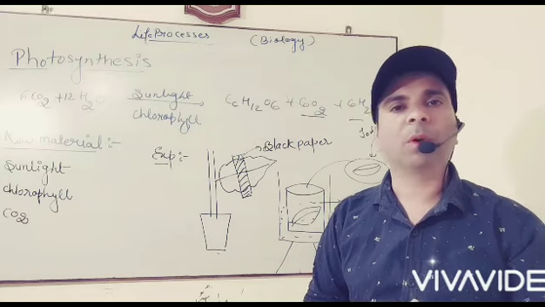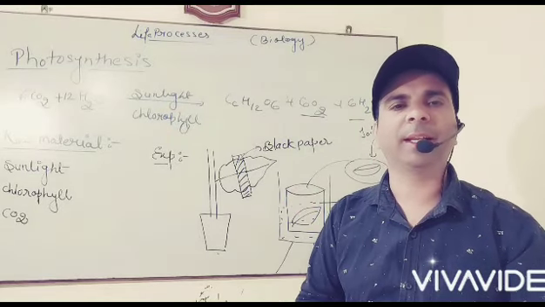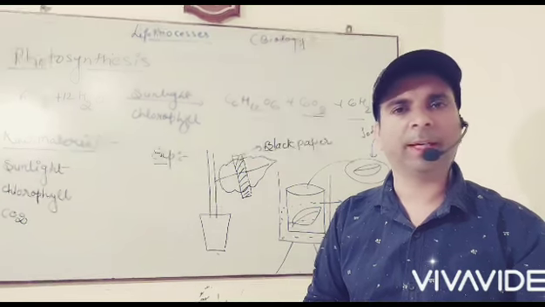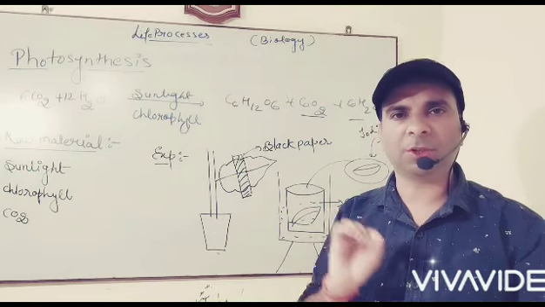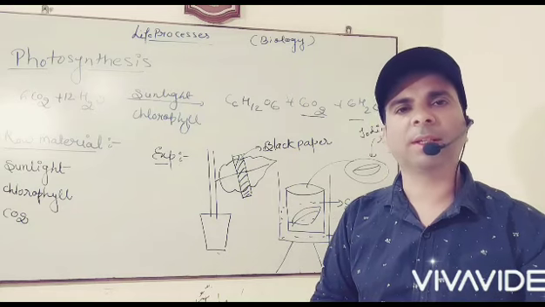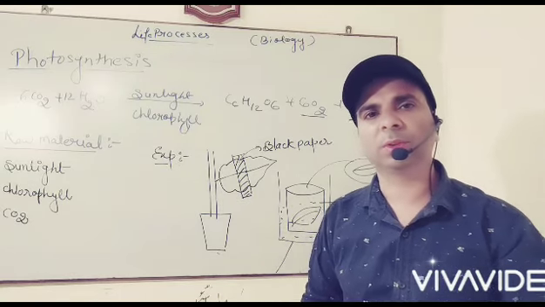Why? Because only the uncovered portion got sunlight and prepared food in the form of glucose, stored as starch, and iodine solution tests for starch. So in general we can say that sunlight is responsible for photosynthesis.